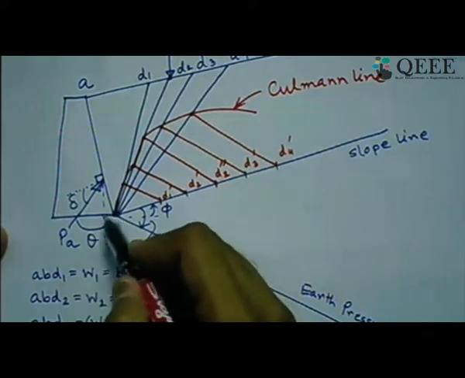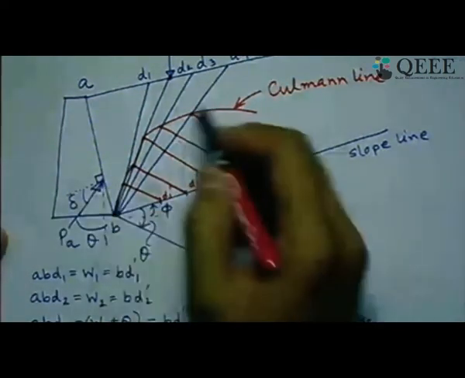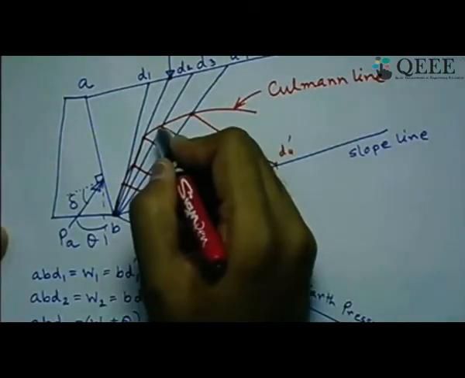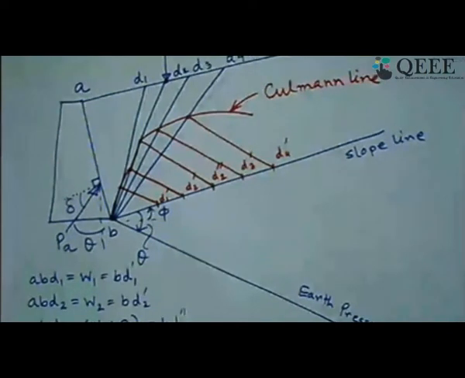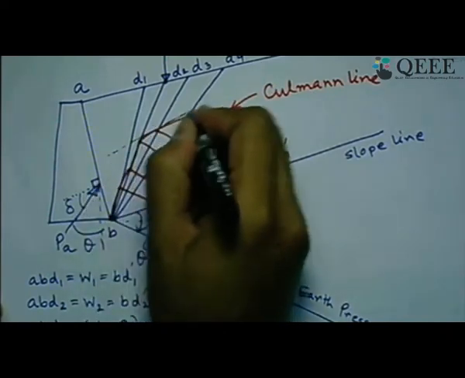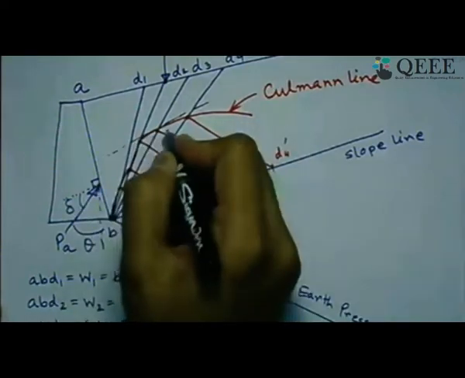So in this case, if you want to find out what is the maximum value of earth pressure, you have to find out where, parallel to the slope line, at which point you are getting the tangent on this curved surface. So somewhere here, let us say we are getting it. You can always search for it by putting a scale over here, finding out where that parallel point comes.